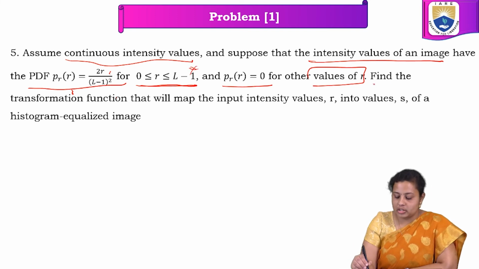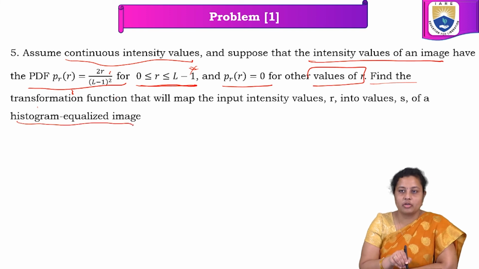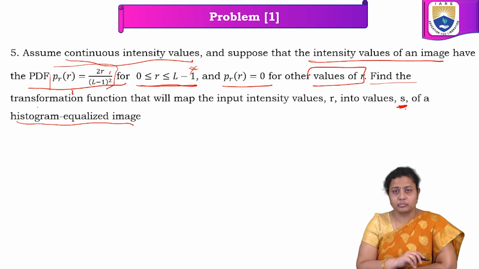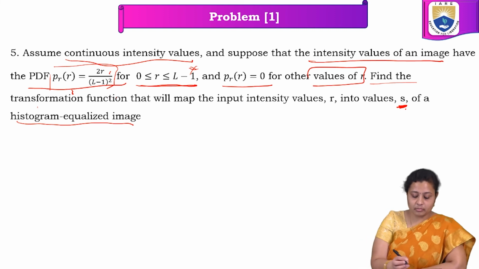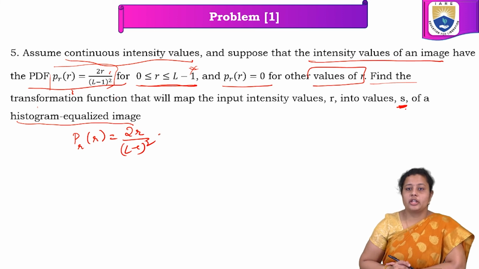Now we are trying to find the histogram equalized image, with s as the possible intensity values. For that we are trying to calculate the probability density function. So p(r) is equal to 2r/(L-1)^2.